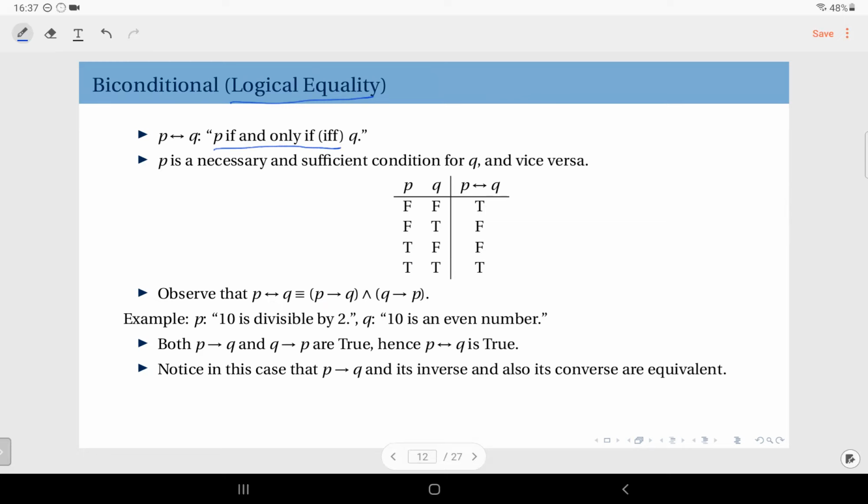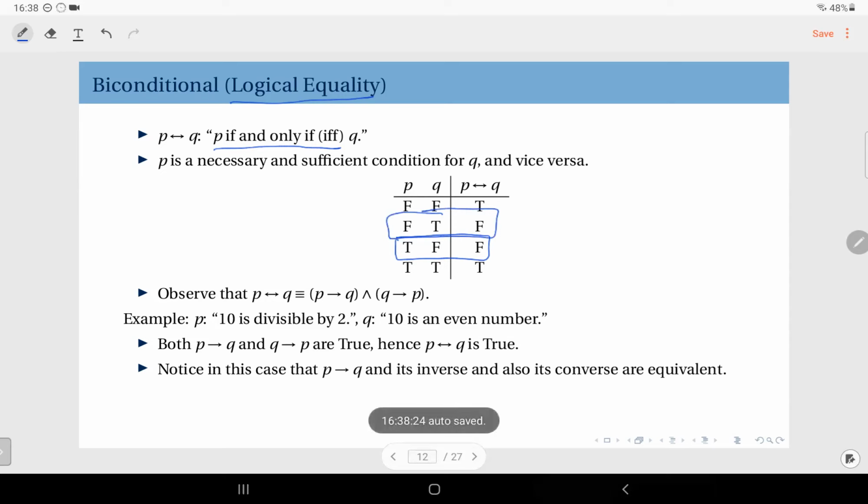Now recall the definition of implication. Implication is always true except for when the antecedent is true and the consequent is false, essentially this. So in this case, P implies Q is false. On the other hand, when you take Q implies P, that will be false when the input combination is this, right?